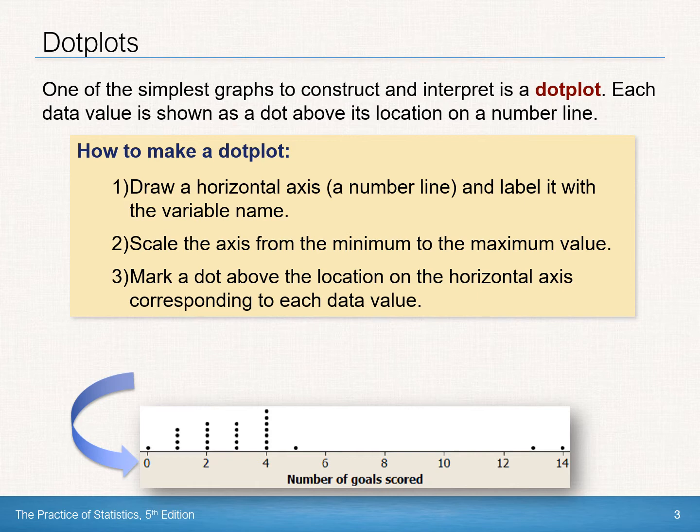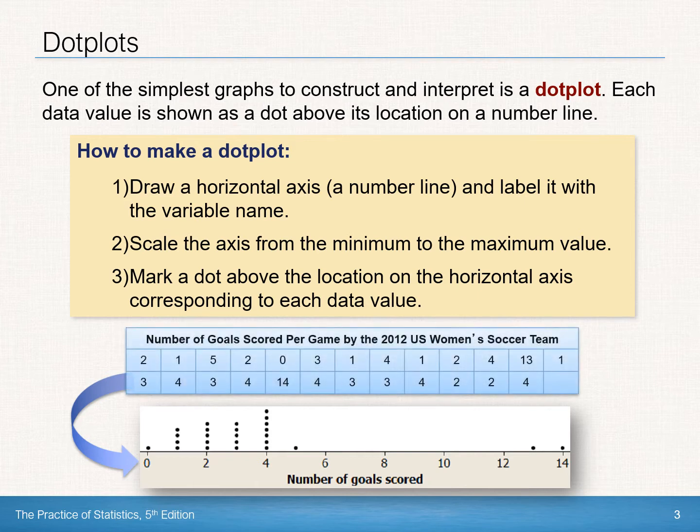So as you can see here below, I've done all of that for the number of goals scored in a game. And then even though there's not a particular value here, you can infer that that's 5, for example. So it's a quick way to see a graph of the data.